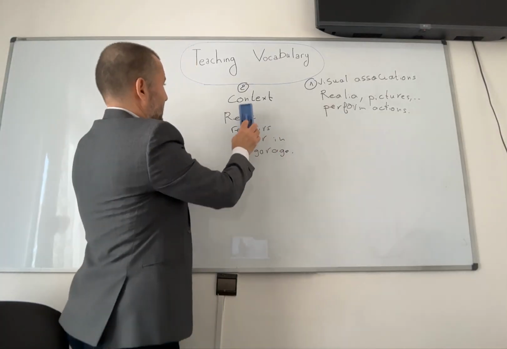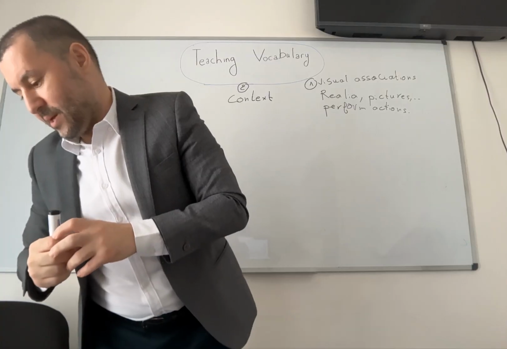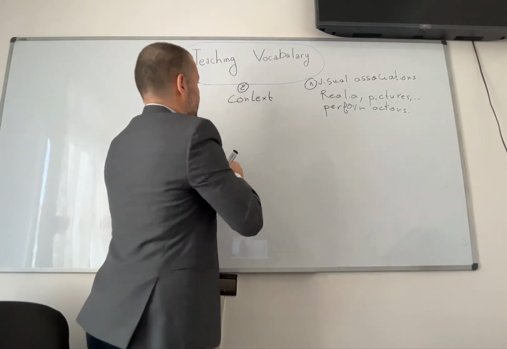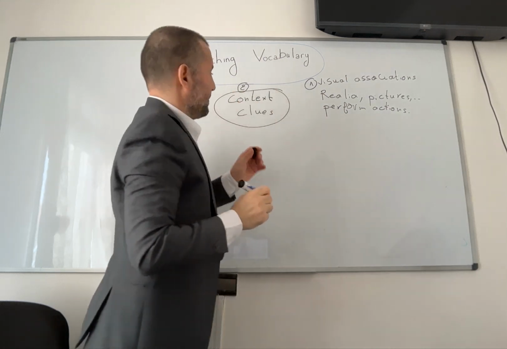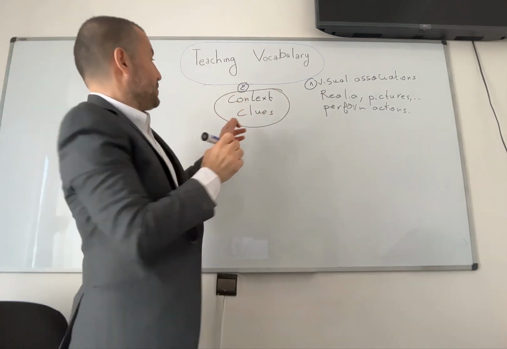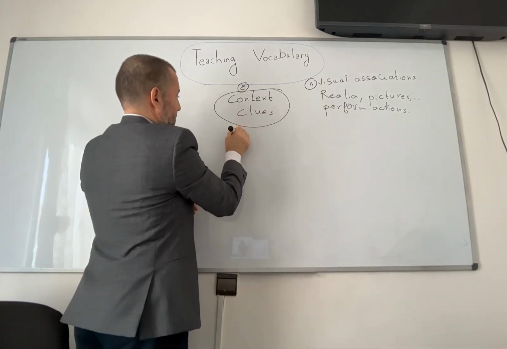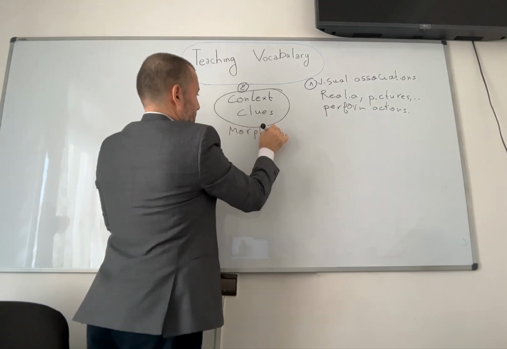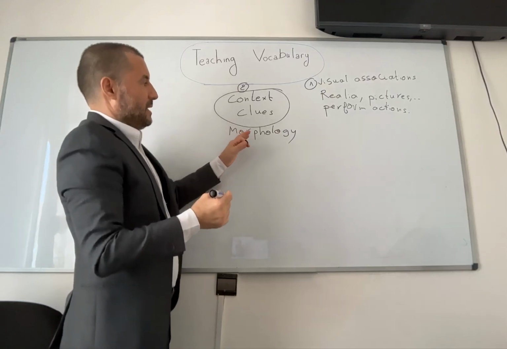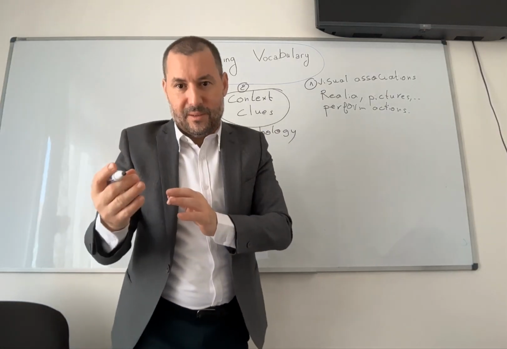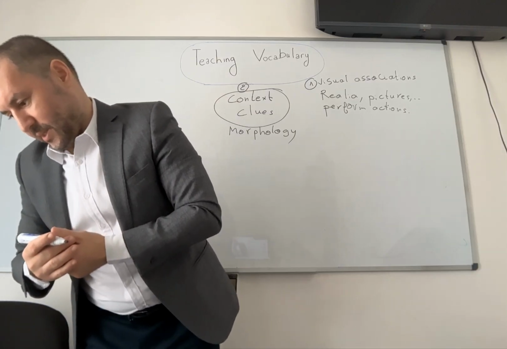Now, talking about the context, we have some context clues. So the first one, we can talk about, for example, morphology. As you know, we can guess the meaning of a word by knowing the prefix and suffixes, and the roots.